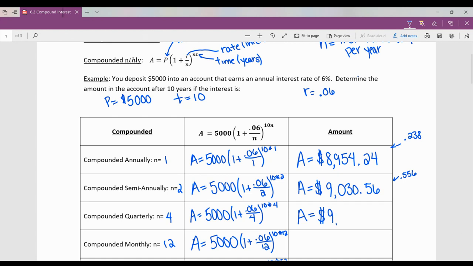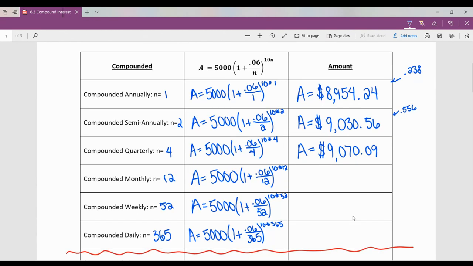I now have $9,070.09. So I get $40 more just by changing the way that I invest it. Okay, sorry, $40. Trying to talk and calculate at the same time, messing myself up.